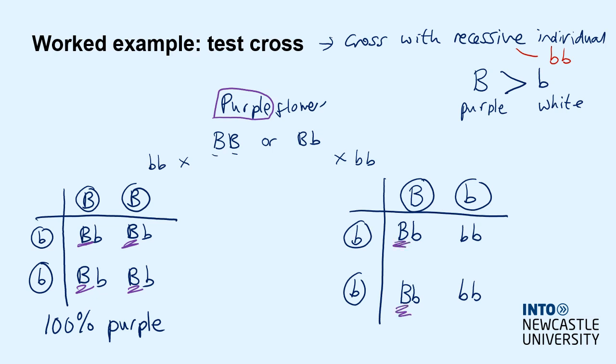If it only has little b's, it's white. In this case, what we find is a one-to-one relationship between purple and white. So if you do this cross and 50% of your plants are purple and 50% are white, then that tells you your original parent was heterozygous. So that's the power of a test cross.